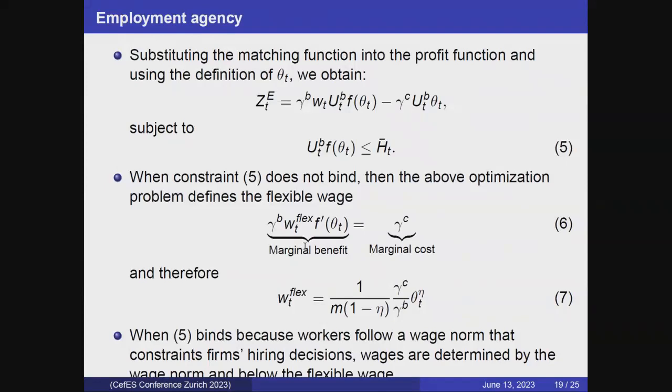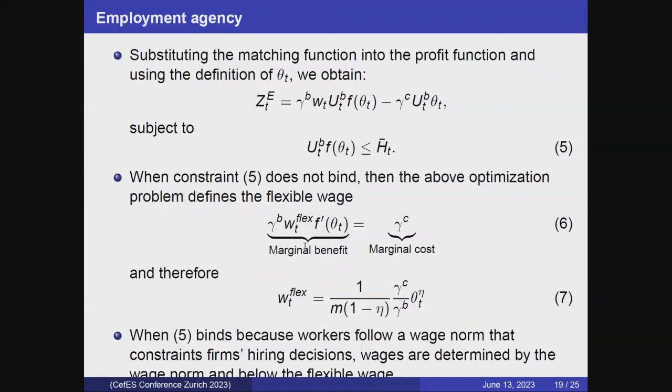Now, this is very important here. The relation is positive. So the higher is theta, the higher is going to be the wage. Okay? So this is when the constraint is not binding. But the constraint is binding when we assume that the wages are set by the workers not to be below some norm. Okay? So here we use the Keynesian tradition in which there is downward wage rigidity.